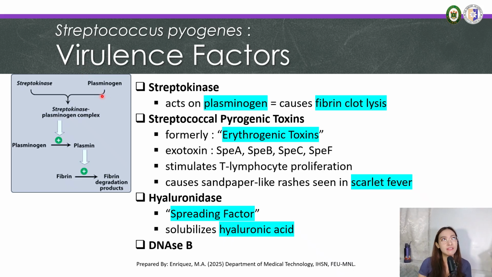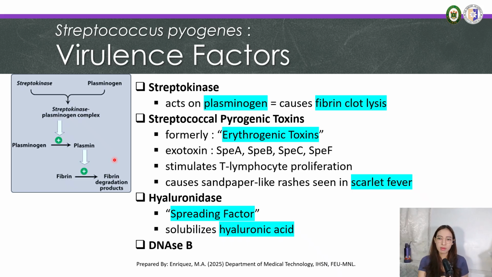Now, if an infection with Streptococcus pyogenes leads to the production of streptokinase, the streptokinase from the bacteria and plasminogen from our blood would combine and create a streptokinase plasminogen complex. Now, after they have complexed together, the plasminogen would eventually be converted to plasmin. All right, and plasmin has the capability to act upon fibrin. All right. So fibrin is then degraded, leading to the lysis of fibrin clots.